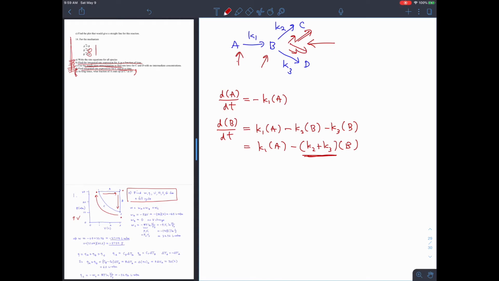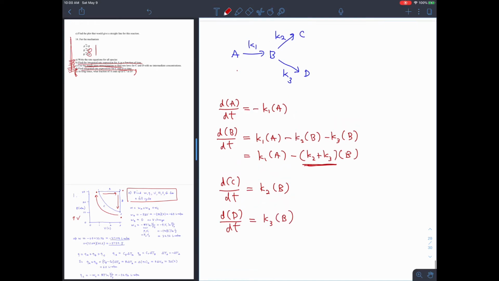And that's going to happen in every case where you've got branched mechanisms like this. It happened when we talked about branched mechanisms earlier too. Then dC/dt is equal to just k2 times B, and dD/dt is equal to k3 times B.